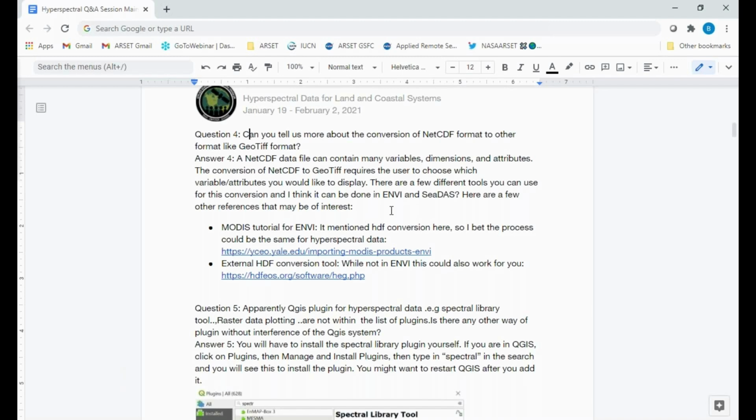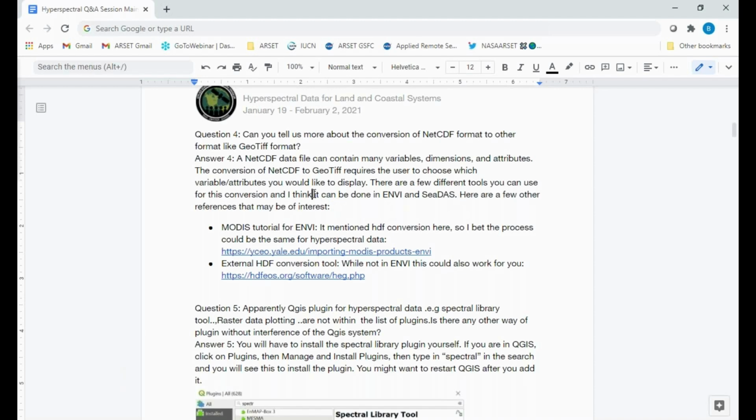convert into a GeoTIFF. So there's a couple of different tools that you can use for this conversion. A couple that we're familiar with are ENVI and QGIS. And in QGIS in particular, since that's the free platform that we were using for this demo, it requires that you complete extraction on that NetCDF where you're extracting the layers and information that you're interested in.